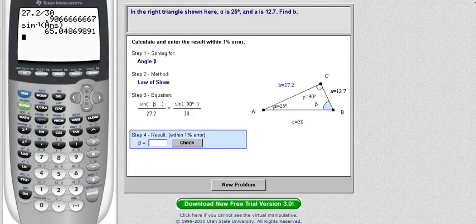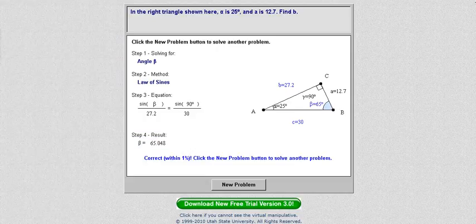When I take the inverse sine of that, I get 65.048, which when I enter it into the answer box on the screen, I get a correct answer.